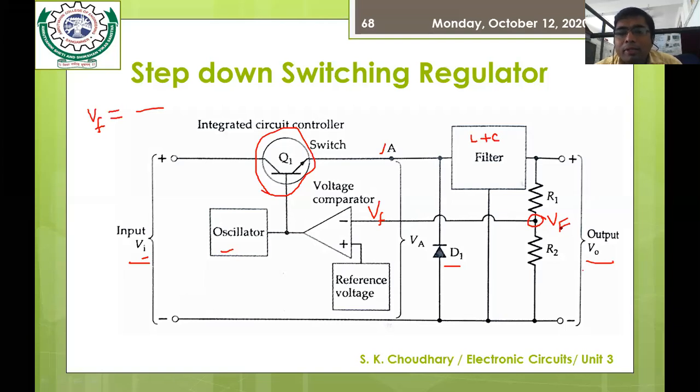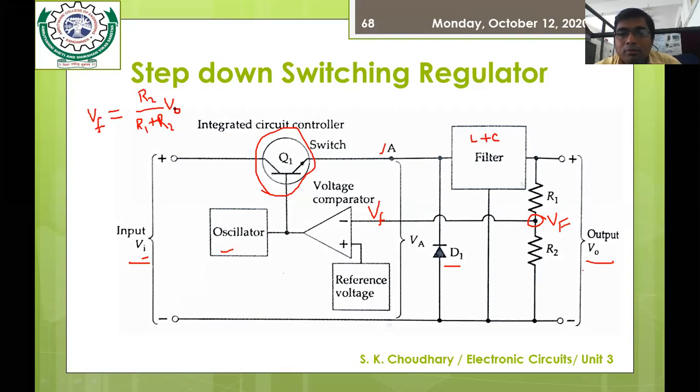Simply, when two resistors are in series and we draw out a voltage signal in between these two resistors, we have to apply the voltage division rule. So what is the voltage division rule? It is R2 upon R1 plus R2. And what is the total voltage or maximum voltage here?